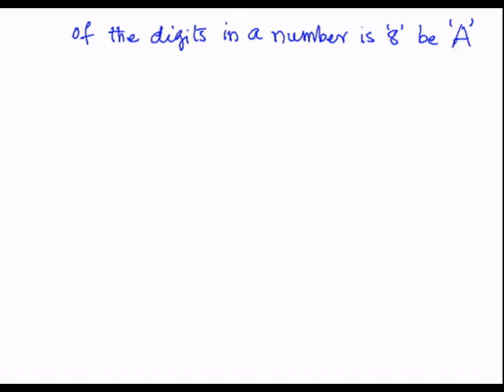Then for instance, 125 is a 3-digit number.